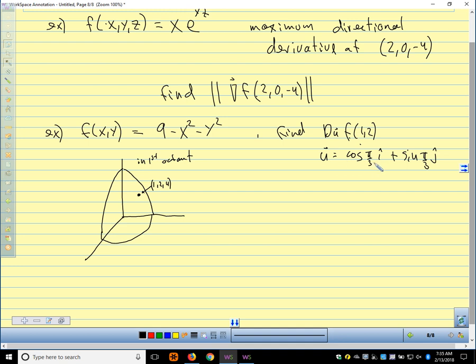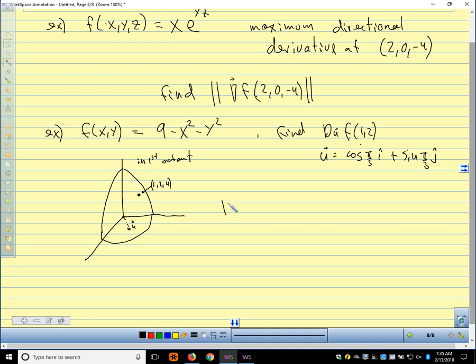Cosine pi over 3 i hat plus sine pi over 3 j hat. Which direction are we going? Kind of this way. So there's u. What do we expect our directional derivative to be? The sign, at least. Negative. We're going downhill. Pretty steep downhill, right?